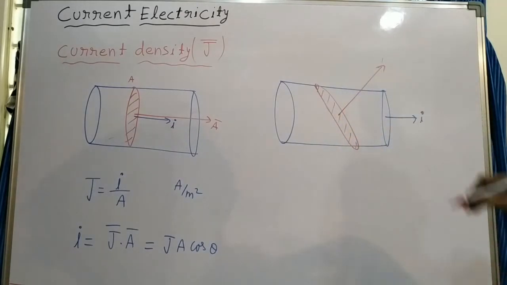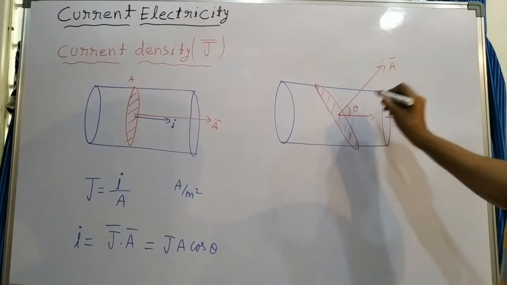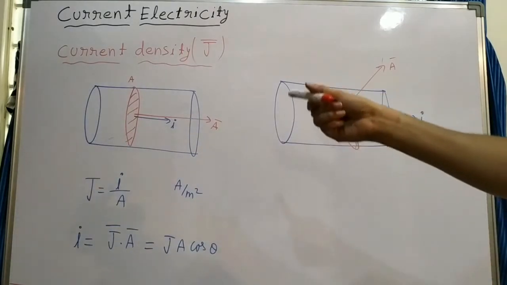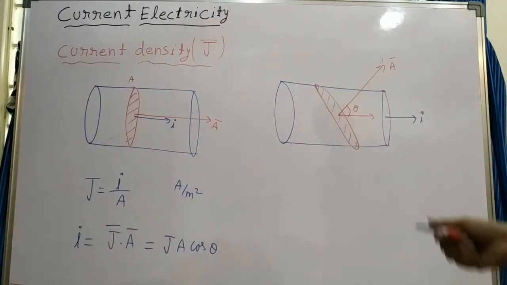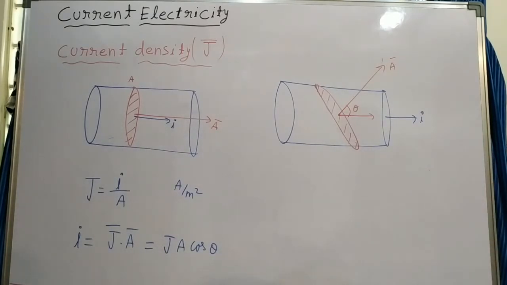That area we assume, this is A bar. And current is flowing in this direction, this is angle theta. Now it is not 0, there it was 0, both were parallel, here some angle is there. In this case we can use I is equal to JA cos theta. So this is about current density, which is represented with J bar.